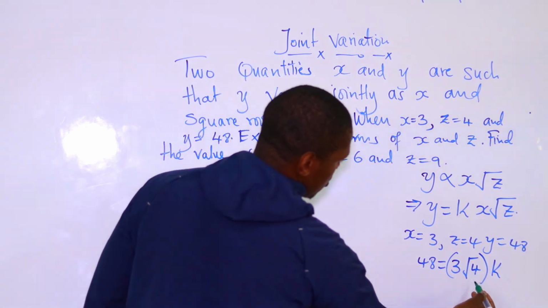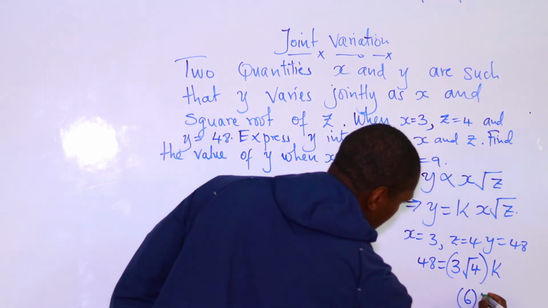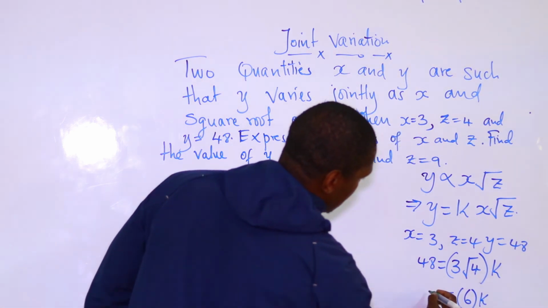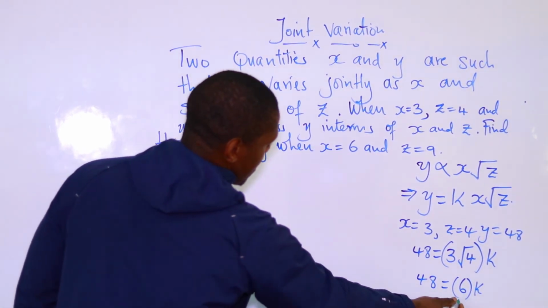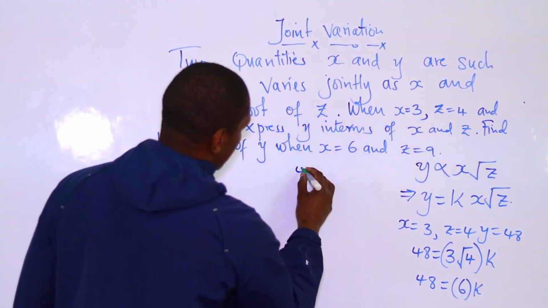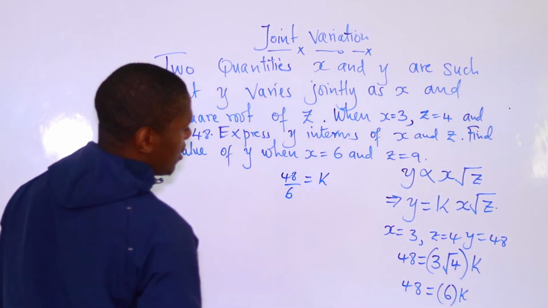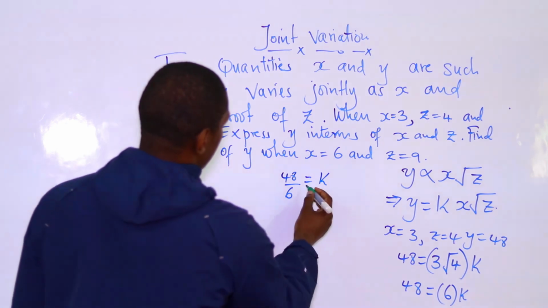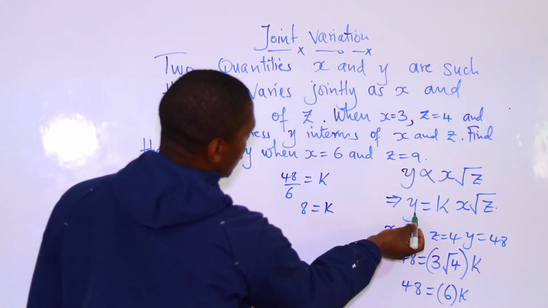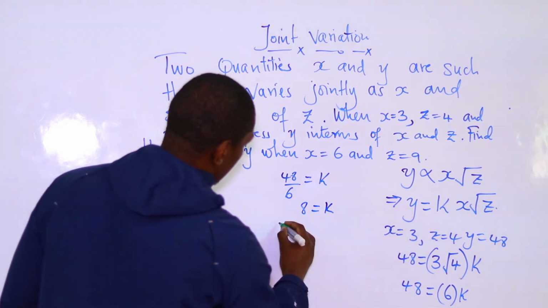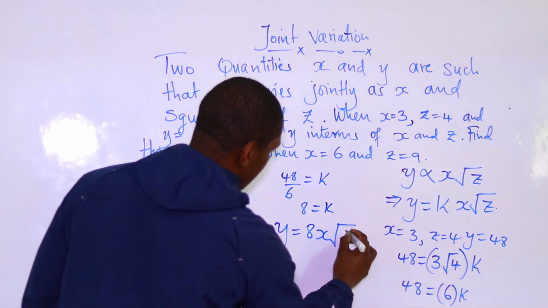Root 4 is 2, 2 times 3 is 6. So 6 multiplied by k is equal to 48. We divide through by 6, so 48 divided by 6 is equal to k. 48 divided by 6 is 8. So the equation connecting these variables is y is equal to 8x root z.